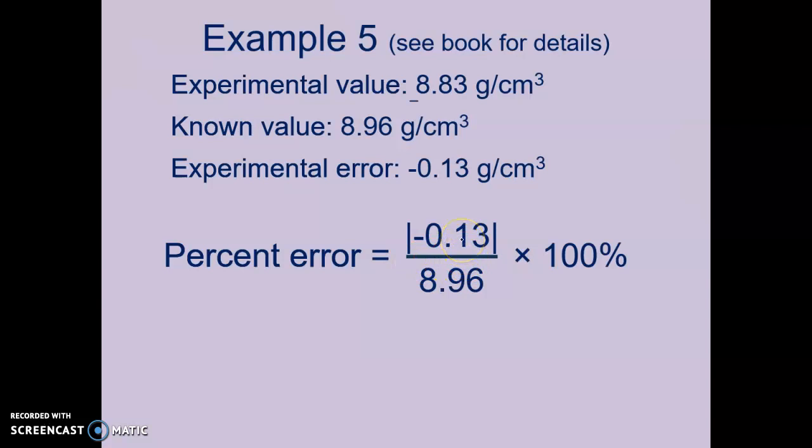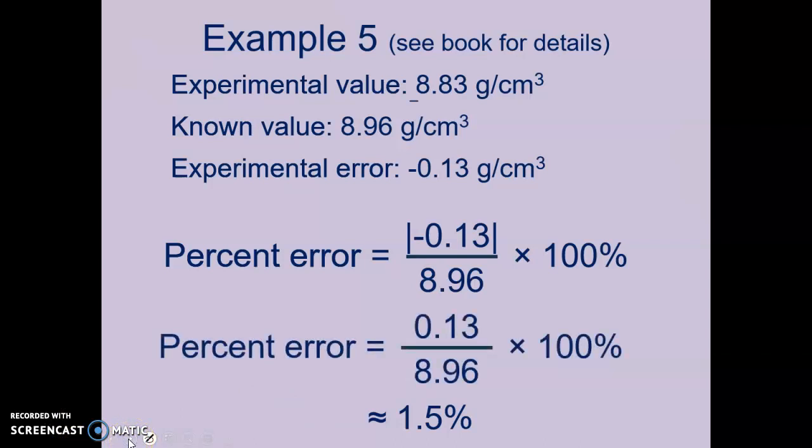So the absolute value of negative 0.13 divided by 8.96, multiplied by 100. And we find out that his percent error was approximately 1.5%. Now, if we're measuring chemicals or medicines, we want to make sure that we're being very precise and very specific. So this percent error can tell us how precise we are in our actual measurements.